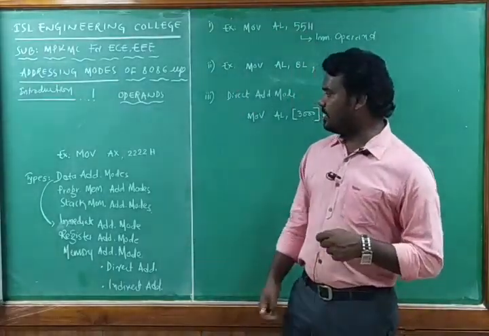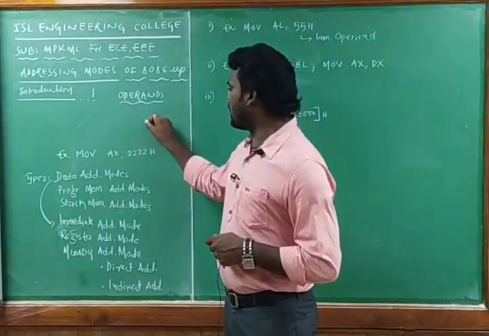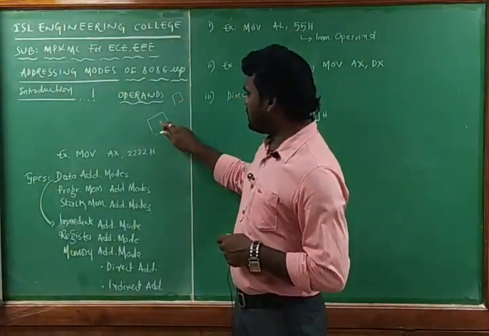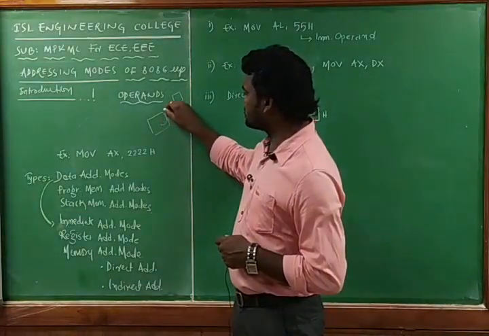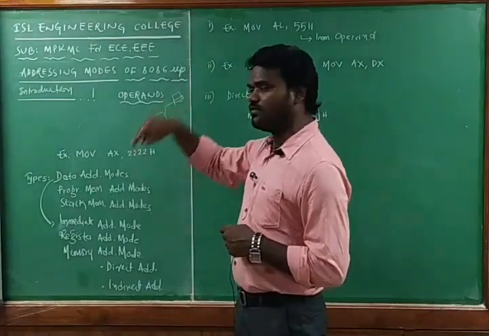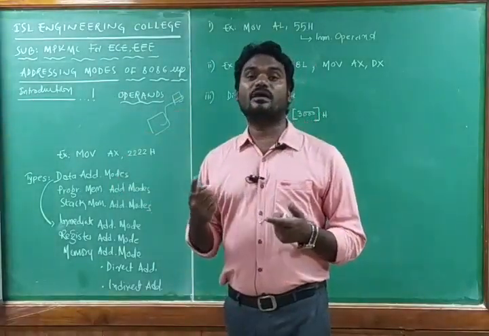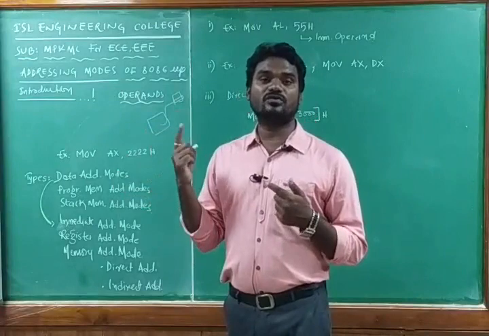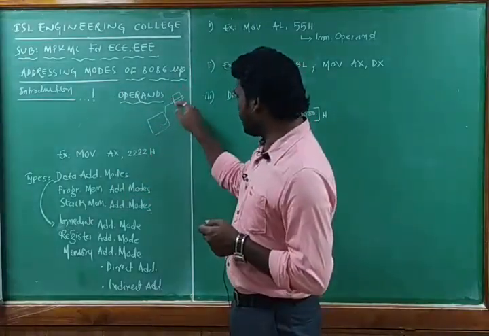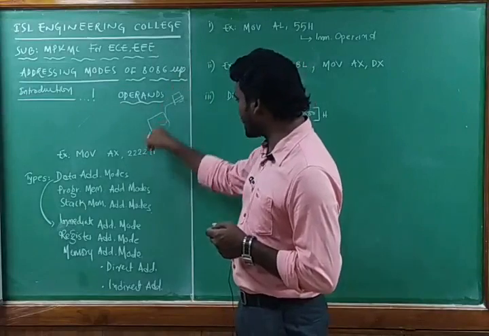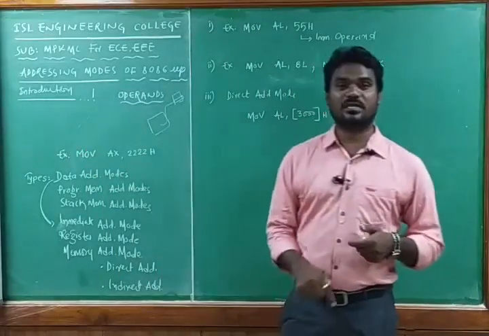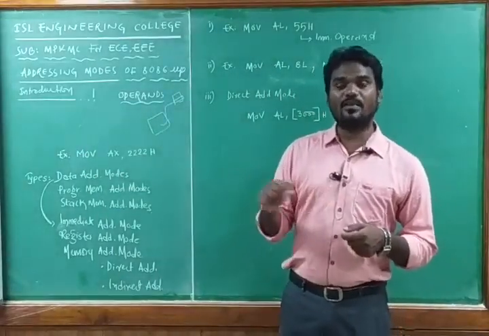For example, this is an 8086 microprocessor and this is its memory. How this 8086 microprocessor is accessing the operand, which is the data on which we are going to perform some instruction, is the addressing mode.